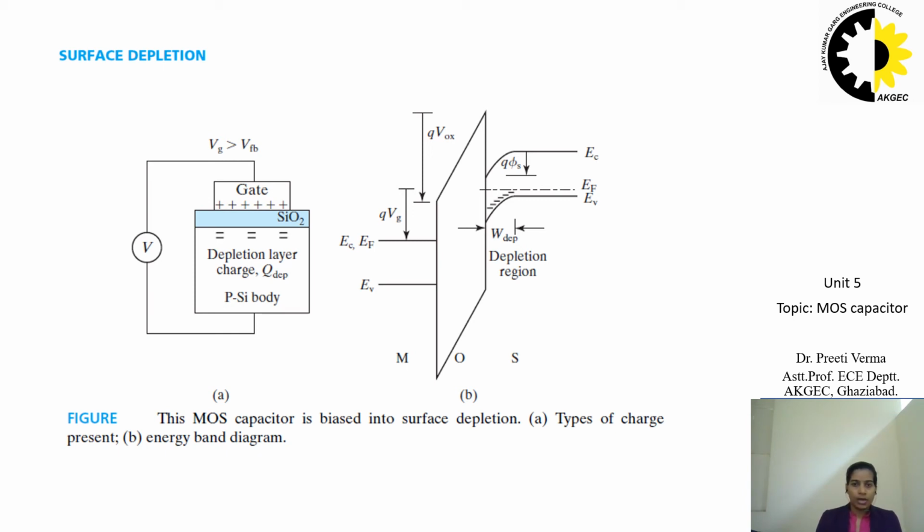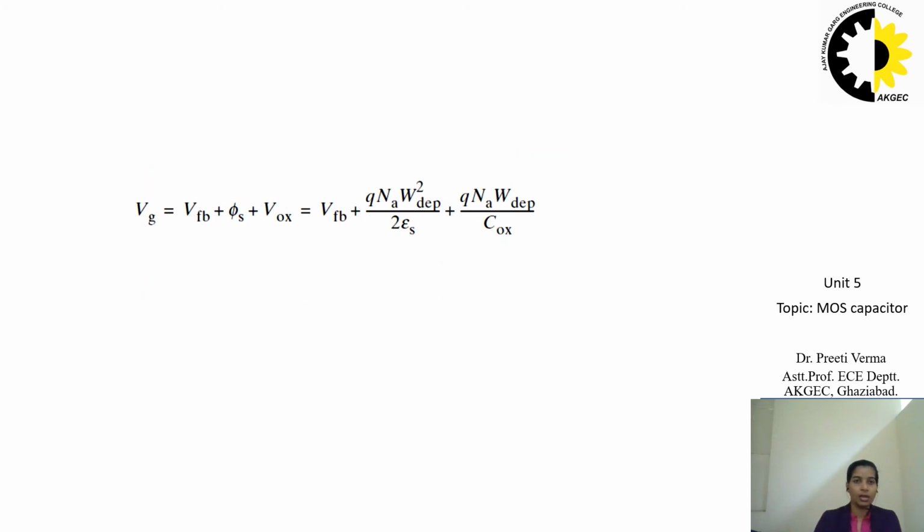So from here we will have phi s as q multiplied by Na, depletion width square divided by 2 epsilon s. Qdep has a negative value because the acceptor ions after accepting the extra electron are negatively charged. So Wdep is equal to under root 2 epsilon s phi s divided by q Na.